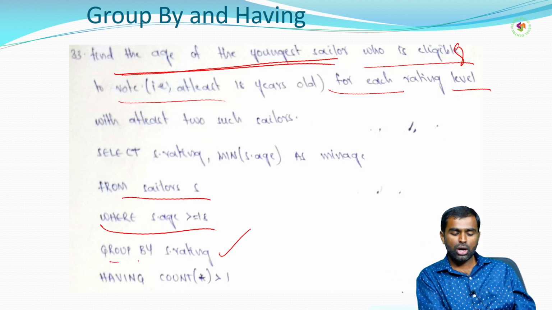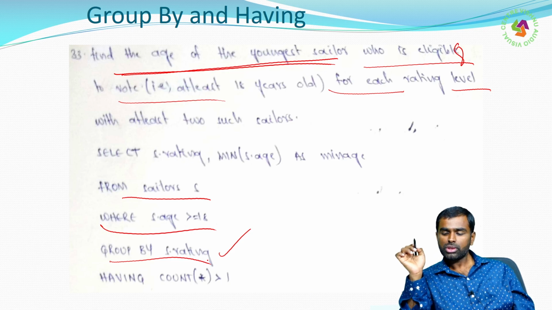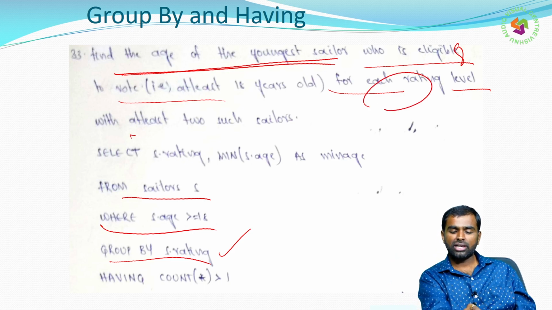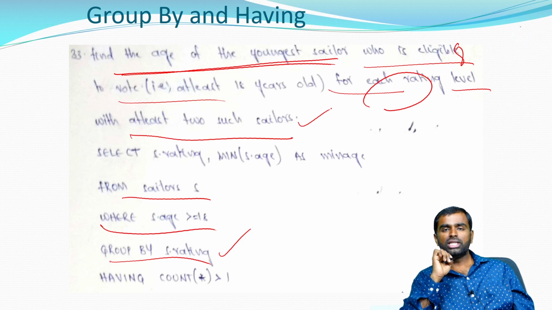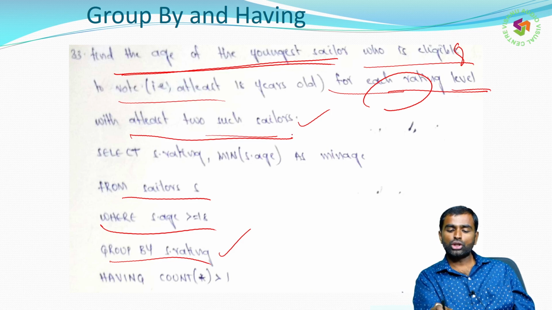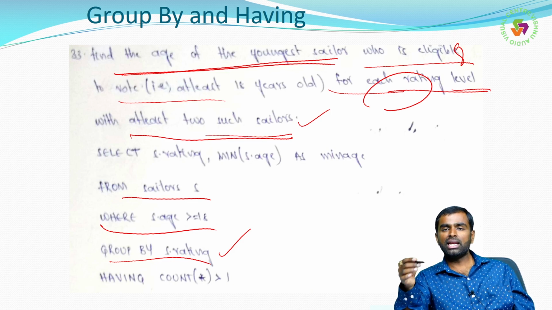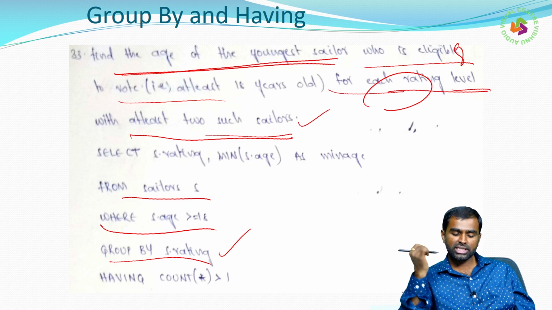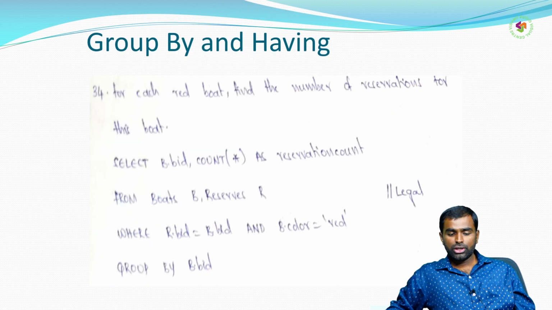In that case, you use the group by command. On that group, what is the condition? For each rating level, at least 2 sailors. Each rating level is the group, and the condition on that group is the having condition.